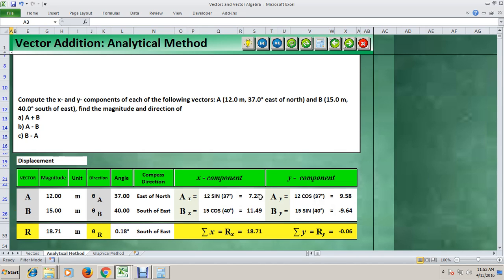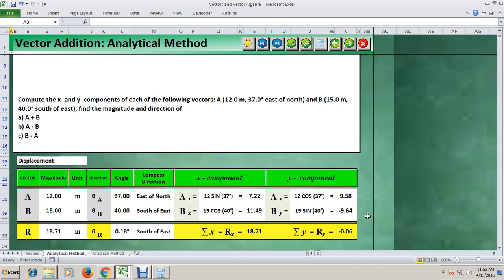Now, the reverse, of course, is that once you have computed for the x component using sine, you will be using cosine instead for the computation for y, since again the angle measurement of 37 degrees is measured from y. Okay, so correspondingly, you should verify this using your own scientific calculators.